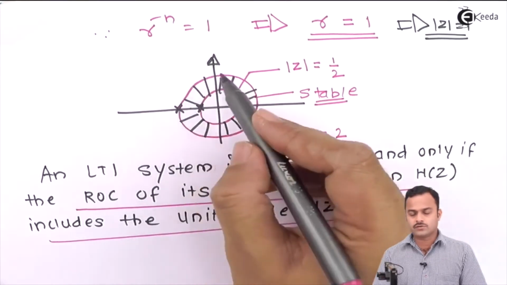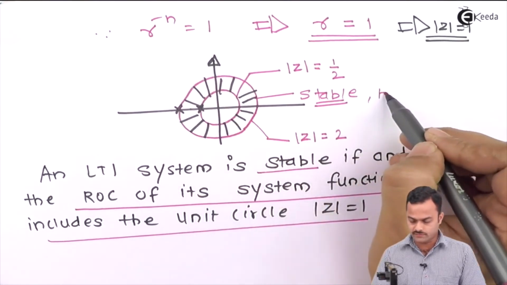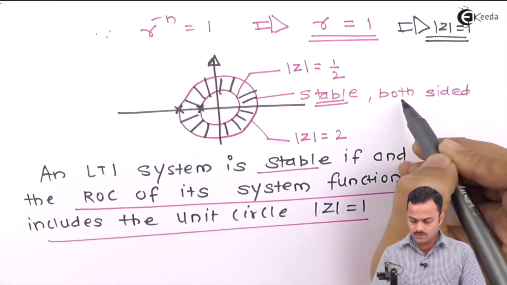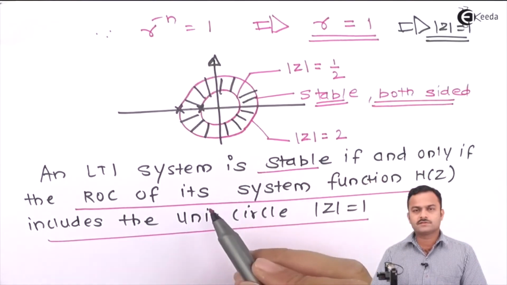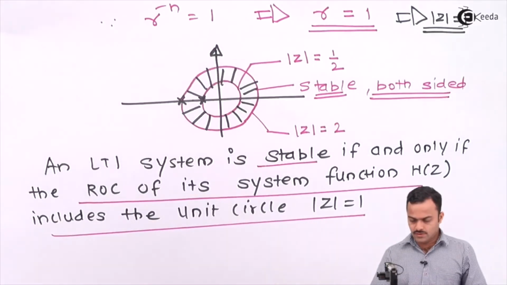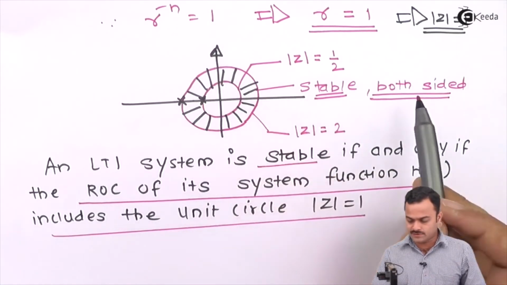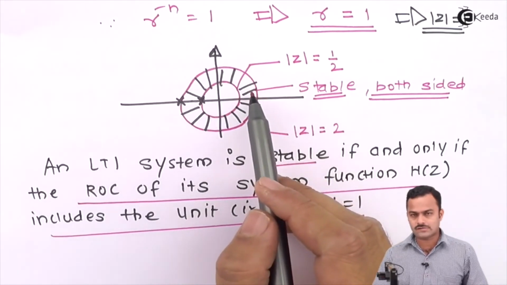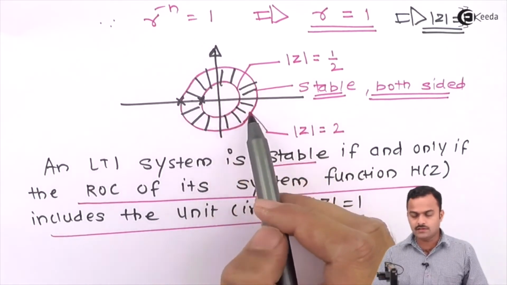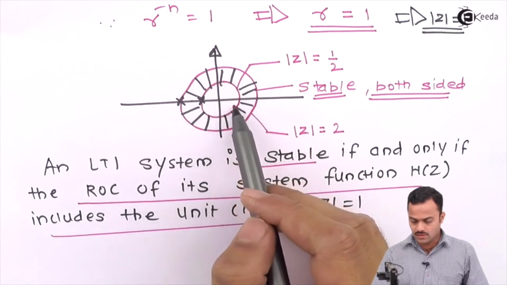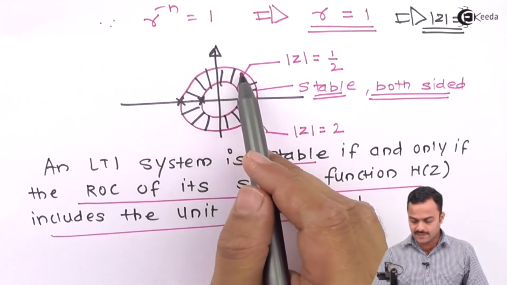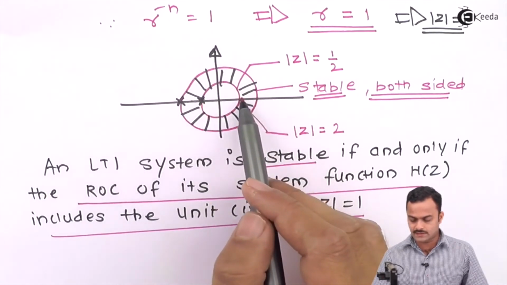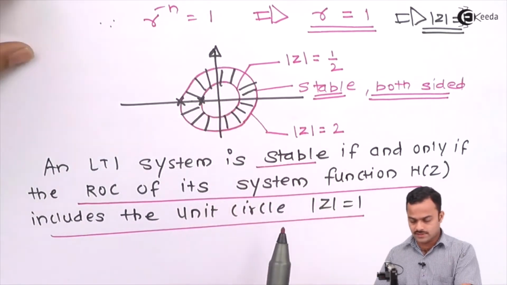but because the ROC is the annular region between two circles, it will be both sided. Though it is stable, it will be both sided because of this region. I want this to be causal, that means outside the outermost circle, and that is possible if all these poles lie inside the unit circle. So let's take an example.